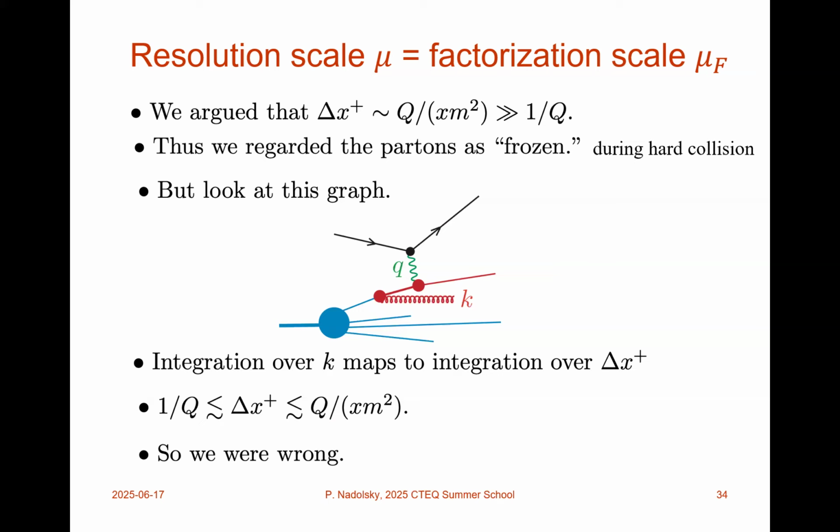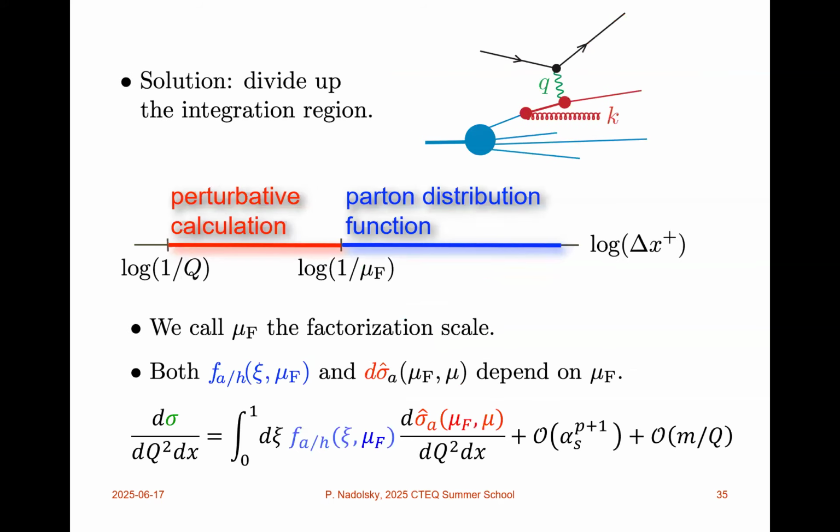Whenever we integrate over a large range, we typically will pick up a log of the ratio of the scale at the higher end of the integration to the scale at the low end of integration.